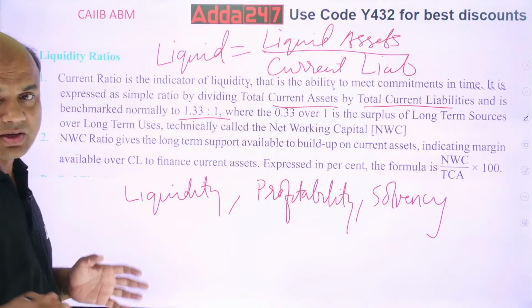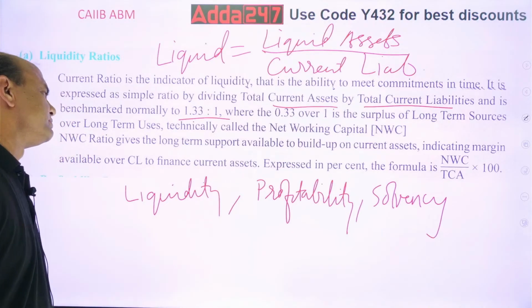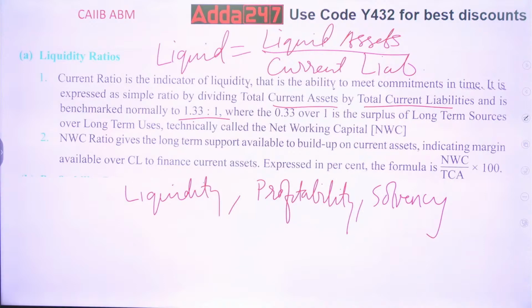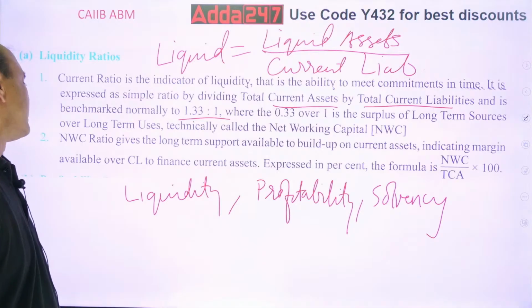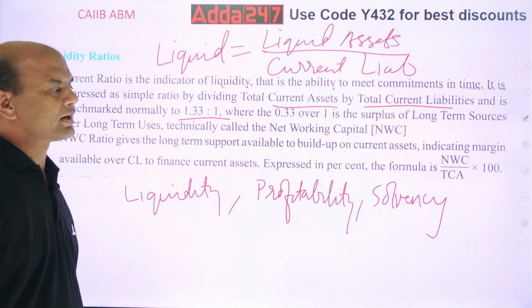Next, NWC, net working capital, gives the long-term support available to build up the current assets, indicating the margin available over the current liabilities to finance current assets. Expressed in percent, the formula is NWC upon total current assets into 100.